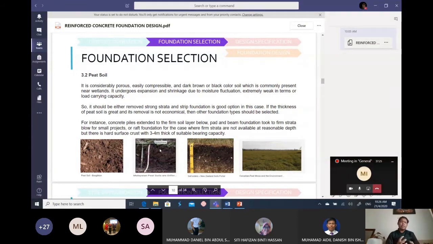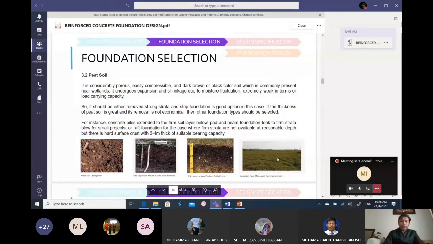It means this soil is very weak, because it is loose, has high porosity and so on. We look at the figure below, showing the different types of peat soil in different countries: this is in the United Kingdom, this is in Malaysia, this is in New Zealand, this is in Canada.